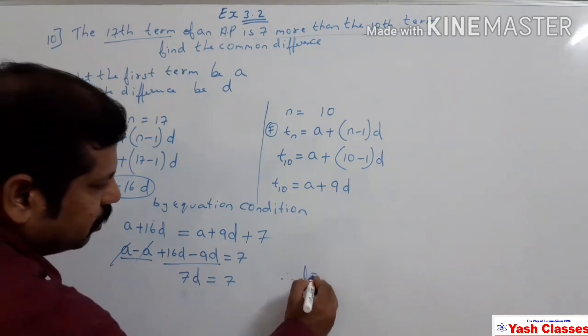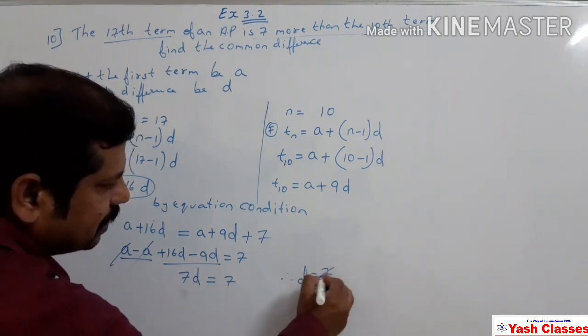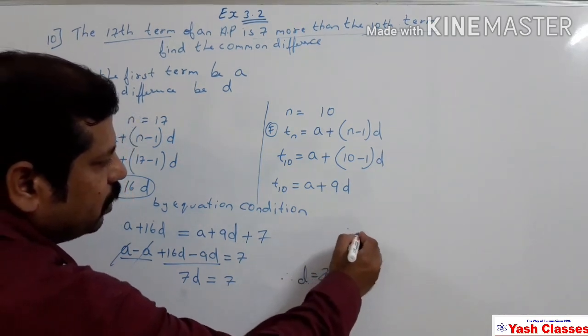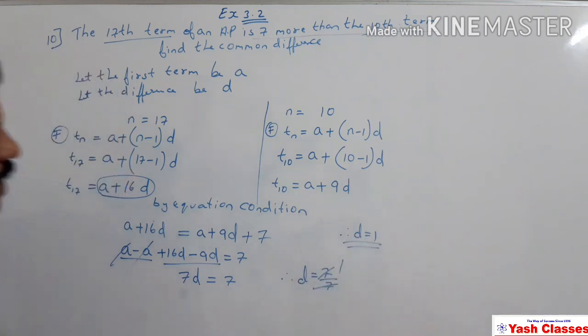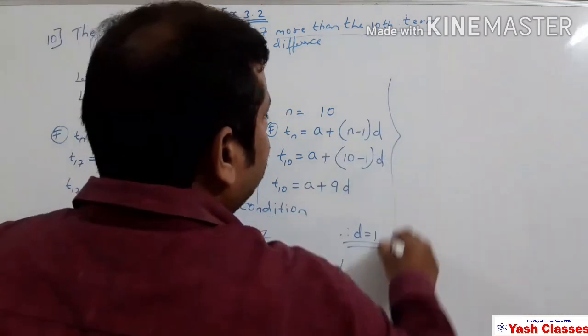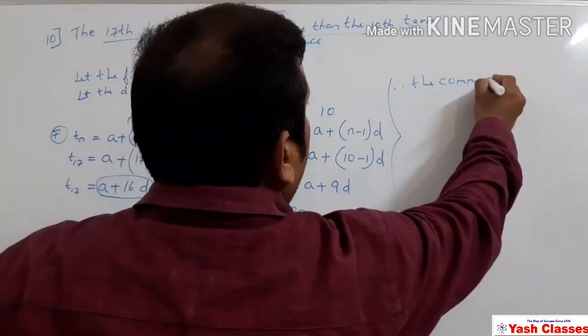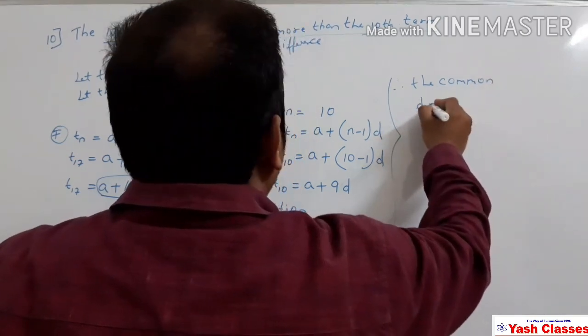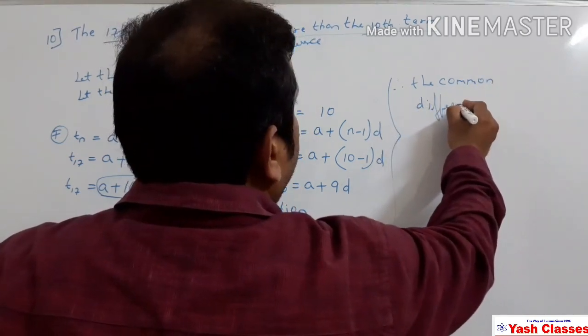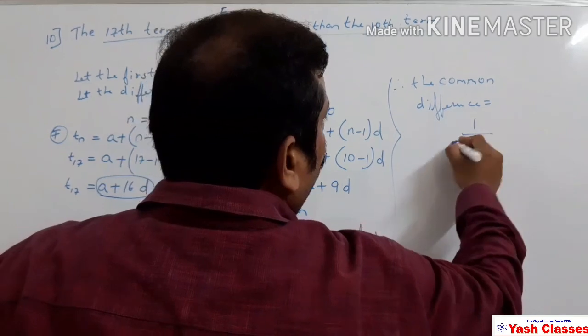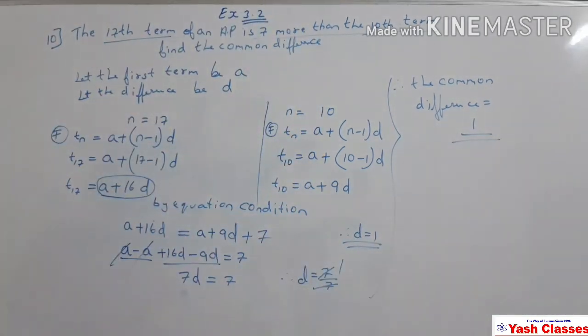Therefore, d is equal to 7 upon 7, cancel, 1. Therefore, d is equal to 1. Here you got d 1. Find the common difference. Therefore, the common difference is equal to 1.